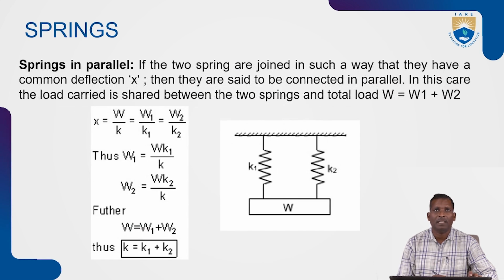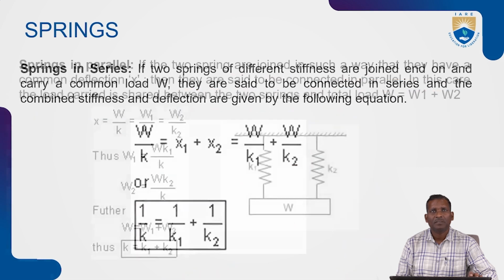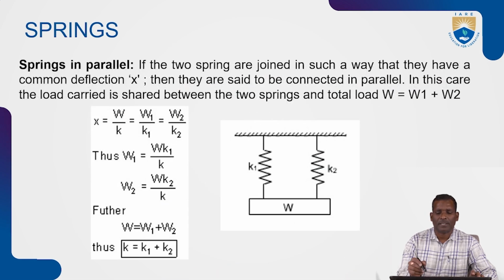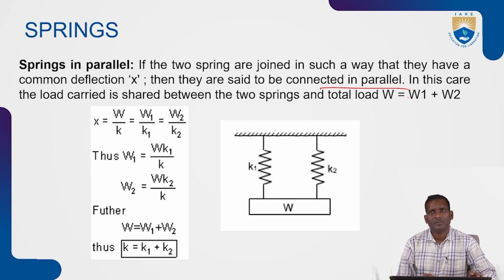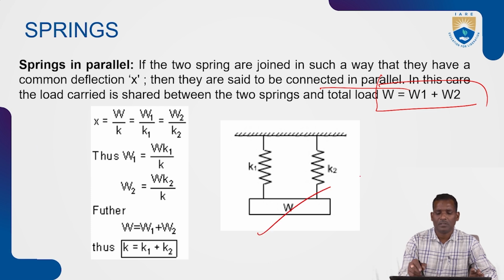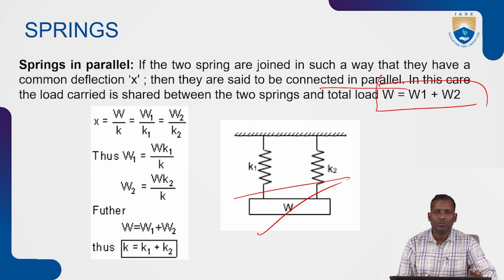When connected in parallel, the springs are joined in such a way that they have a common deflection X. Stiffness is load per deflection. Then they are said to be connected in parallel. In this case, the load carried is shared between the two springs and the total load W is equal to W1 plus W2. This is the combination of these two loads.